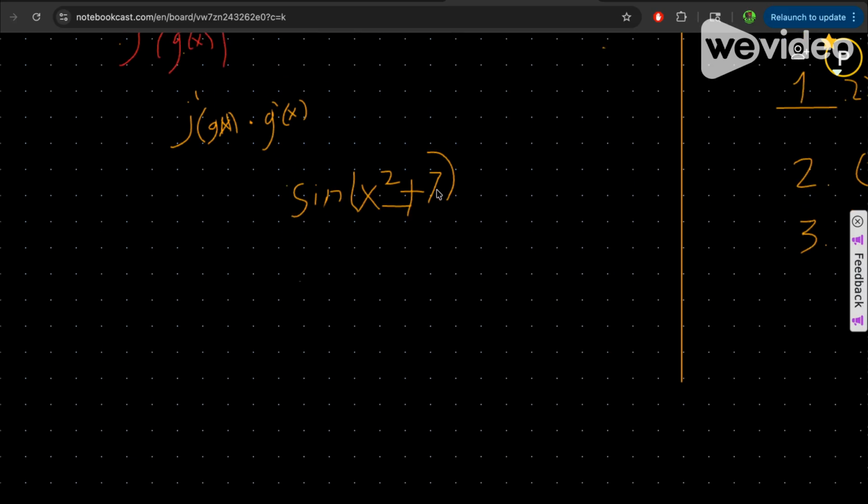So sine of x squared plus 7, the j in this case is sine, so j prime, we've learned, is cosine of, and since it's g of x, this is the g of x, so x squared plus 7, and it's multiplied by the derivative of x squared plus 7, which we covered so many times, to be 2x. And that so happens to be our answer.